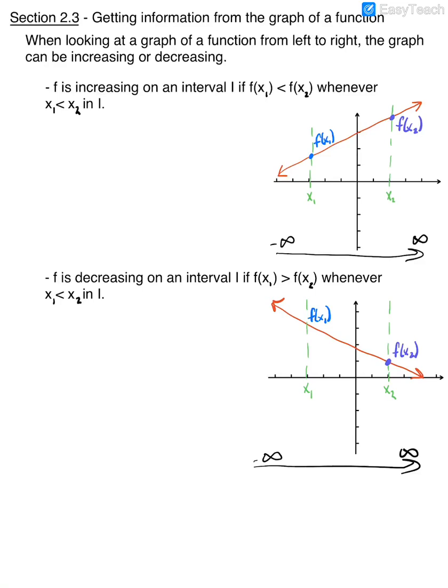So it has a negative slope. It's easiest to look at these with slope in mind, just visually. You don't have to find the slope. It's just a good visual to help you determine when it's increasing and when it's decreasing. But always look left to right.